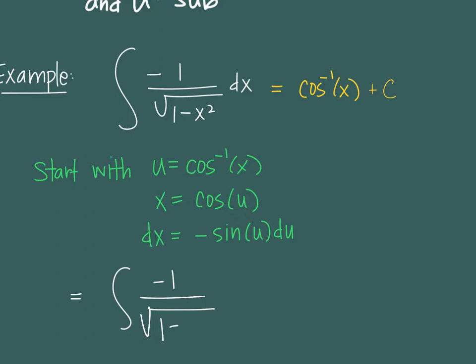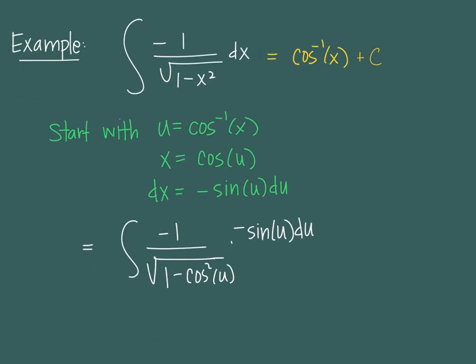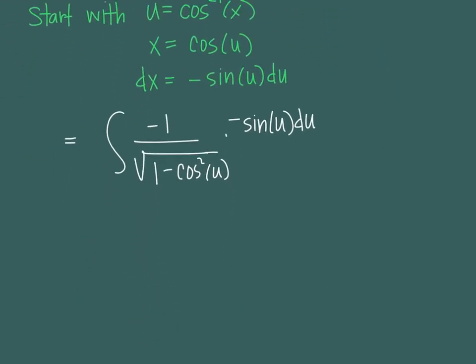So I want 1 minus x squared. 1 minus cosine squared u, times dx, which is replaced with negative sine u du. The first thing that happens is I have a double negative. So that will give me a numerator that's sine u du. That's the first thing that happens.